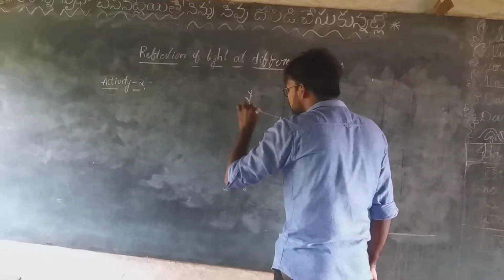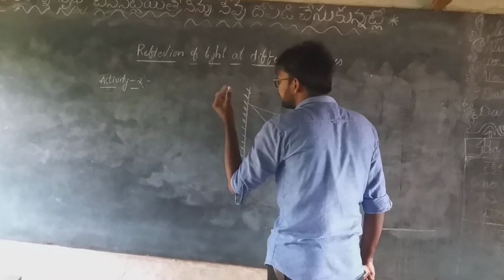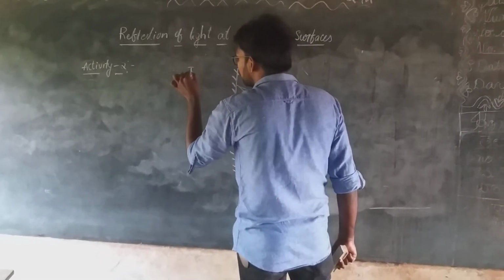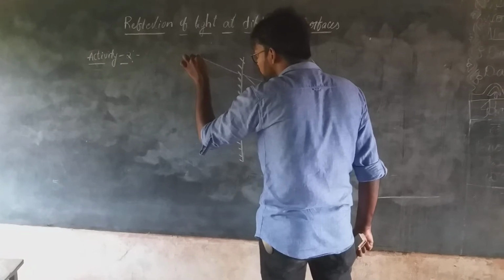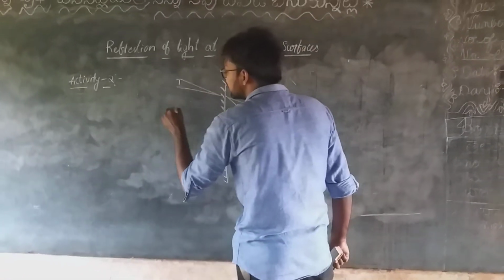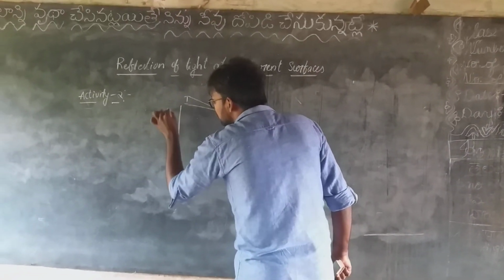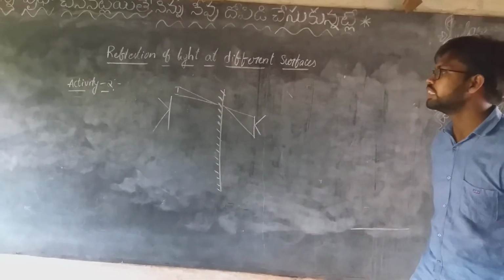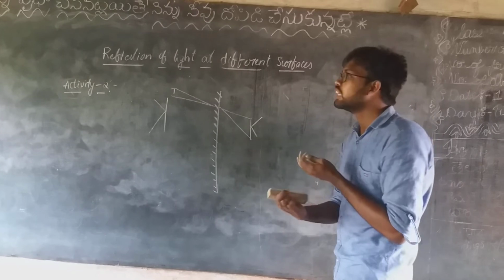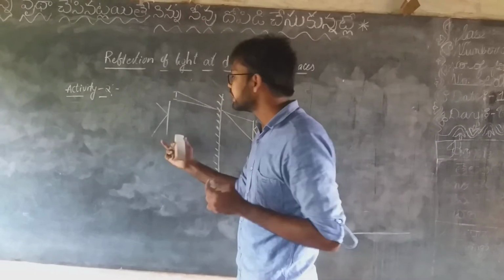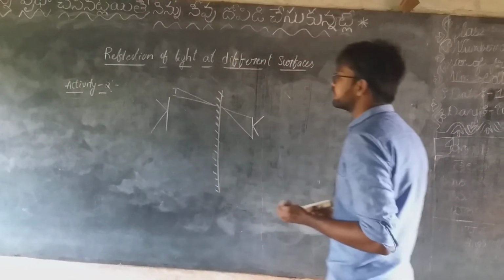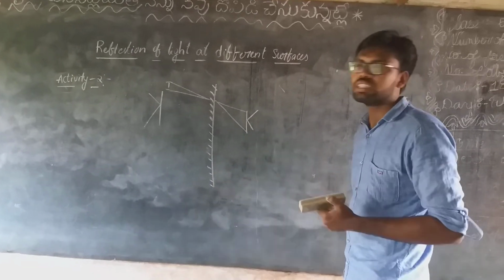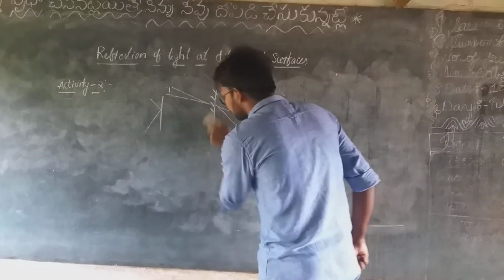The image will be formed here at a certain point. This image will be formed as reverse K, which means the image is laterally reversed, but erect. This is the simple activity number 3.